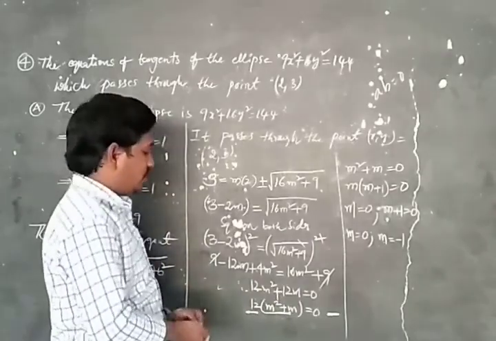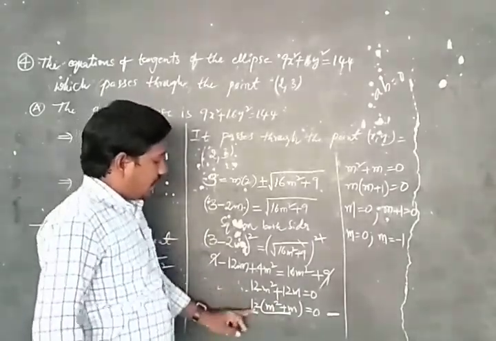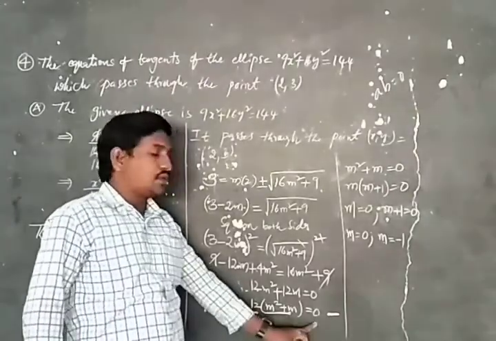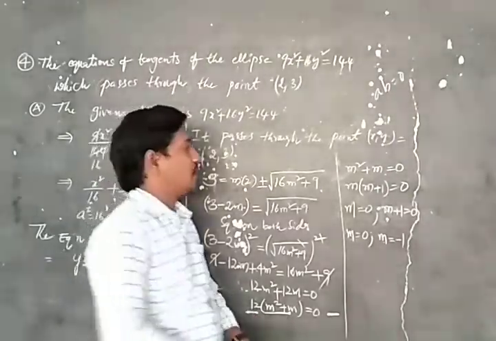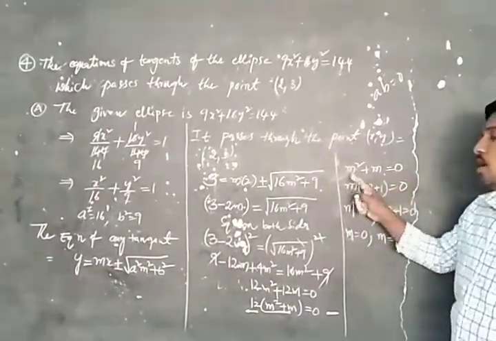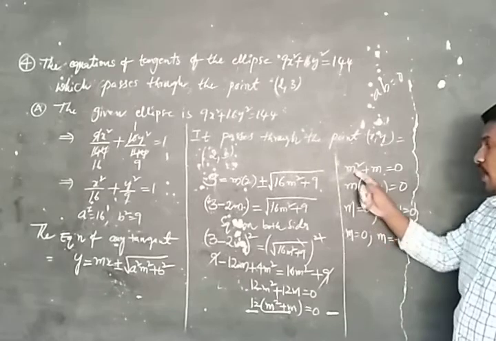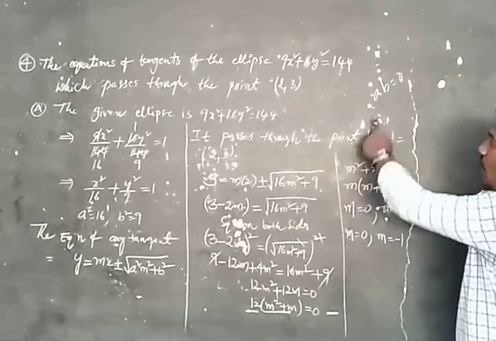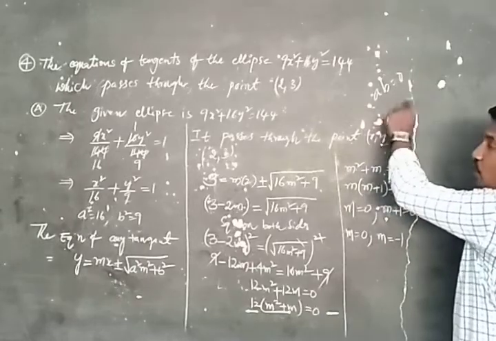So out of which, take the 12 as a common. 12 by the transposition, 0 by 12 is 0. M square plus m equal to 0. By taking m as a common, m into m plus 1. Here a b equal to 0, we can say that a equal to 0, b equal to 0.